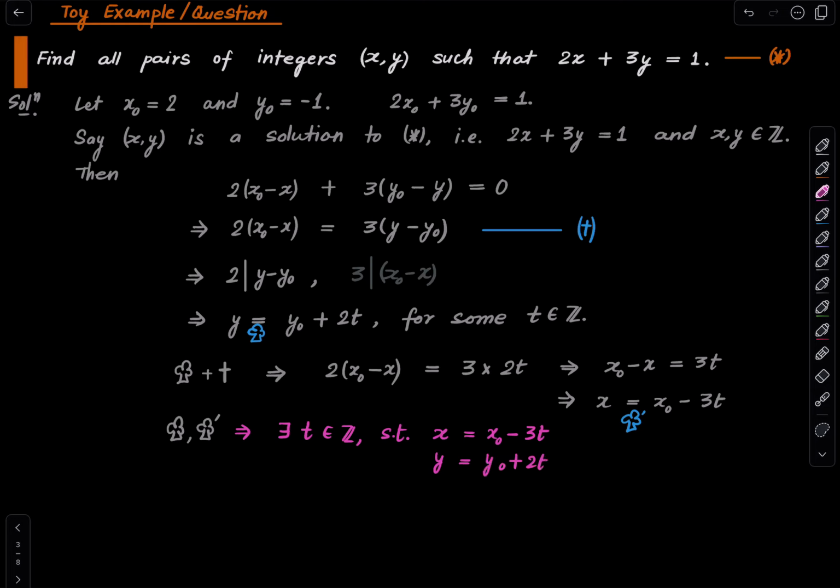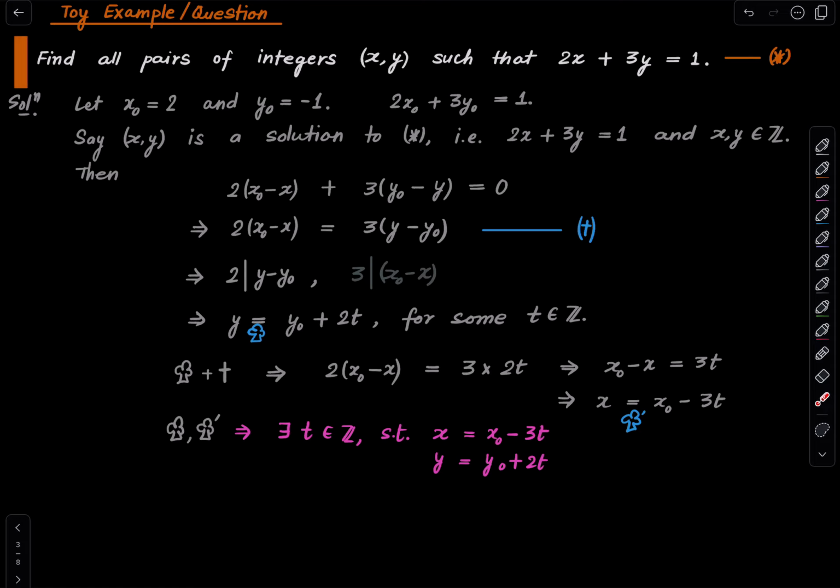So this is necessary. Whenever we have an integer pair that solves that equation, it is necessary that there will be such an integer t such that these two equations hold.